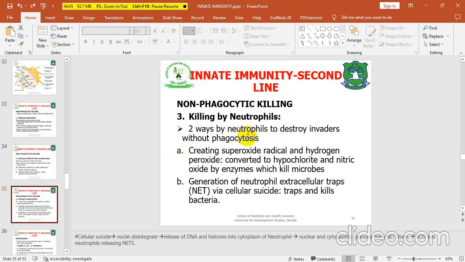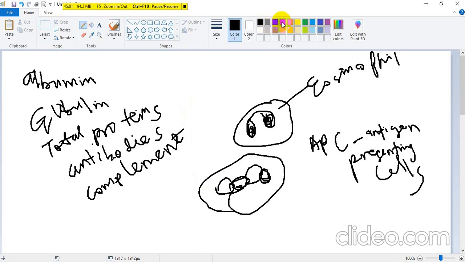So we have two ways by which neutrophils destroy invading pathogens. One, neutrophils produce free radicals or superoxide radical. The superoxide radical is like this.